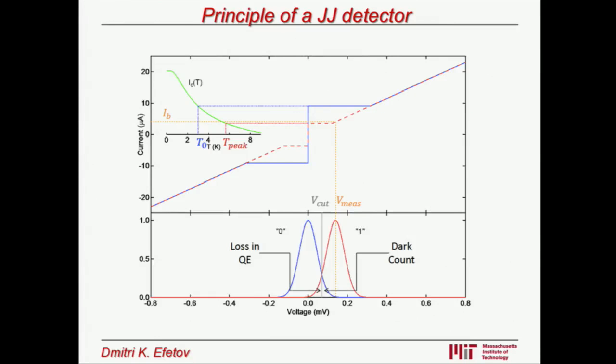The detection principle is the following. This doesn't have to be a graphene Josephson detector; this is just for any JJ. A Josephson junction has a characteristic critical current, and that critical current is a function of temperature. If we look at the critical current as a function of temperature, it decays roughly like 1 over temperature.